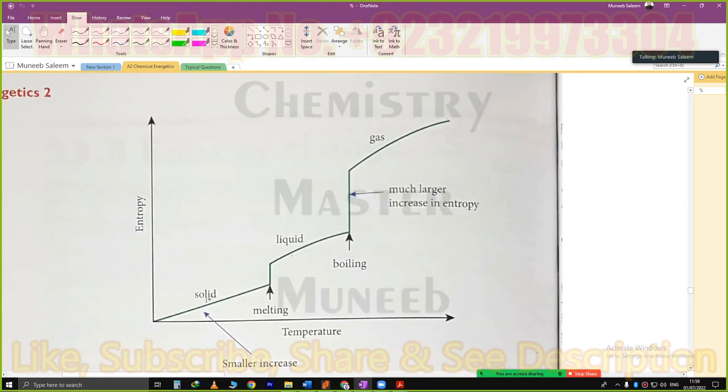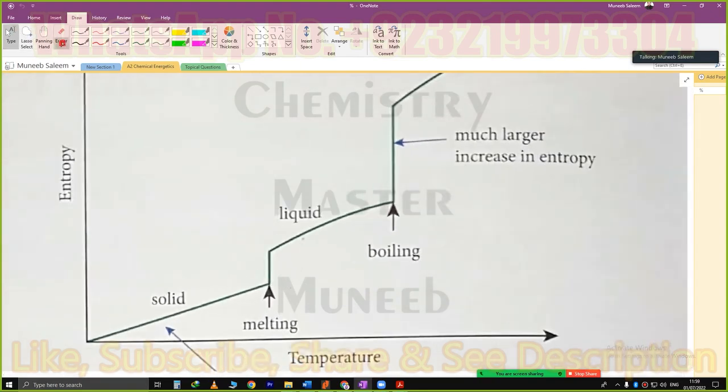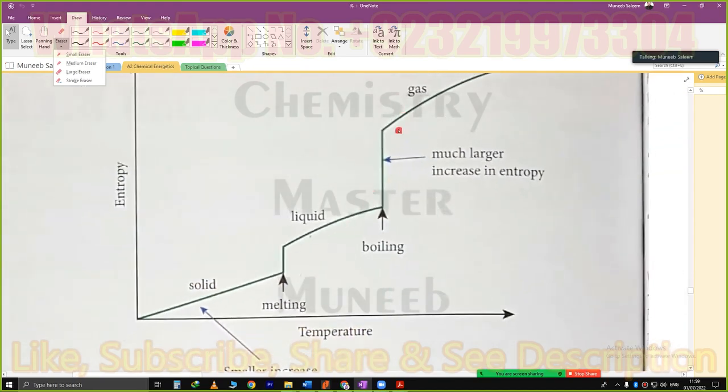You can see here when a solid is melted, it shows this degree of increase in entropy, because along the y-axis we have the entropy. This is a smaller increase in the entropy value when a solid melts into a liquid, and then when the liquid boils and converts into the gaseous state, this increase of entropy is seen.